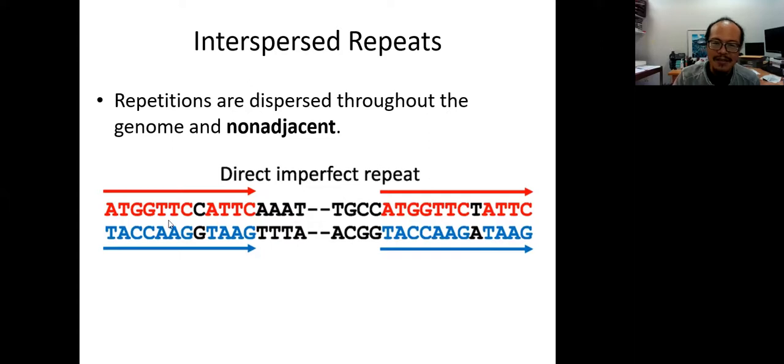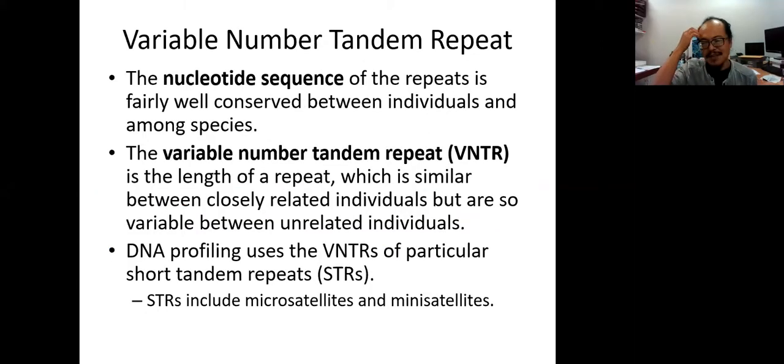Turns out that these repeats don't produce protein, so they don't actually affect our body function. But these repeats are there. In other words, the copy number, 1 repeat, 2 repeats, 3 repeats, doesn't really matter because they are not going to generate codes or any function.